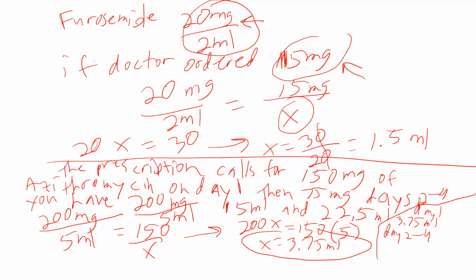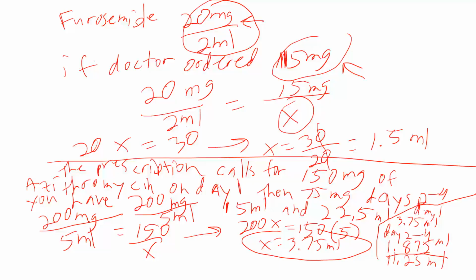And then on days 2 through 4, you can recalculate the whole thing, or you can just say, since the milligram strength goes from 150 to 75, you just divide by 2. So 3.75 divided by 2 is 1.875. You can round it off to 1.9 mils. Then if you add up 1.875 on days 2 to 4, so that's times 3, plus 3.75 mils on day 1, the total is 11.25 mils.